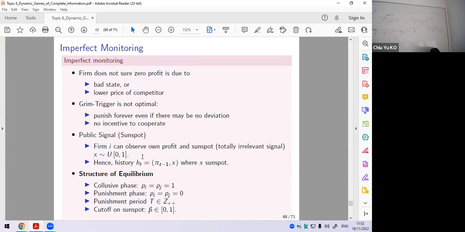Trigger is when you see zero profit, then you set the price to zero. But in that case, you cannot sustain collaboration. You have a bad economy for some time, then you get zero, you punish, and then you can never go back, because grim trigger means when you see a bad thing, you punish forever. But it's possible that nature, with some probability, goes to the bad state. So you cannot use this.